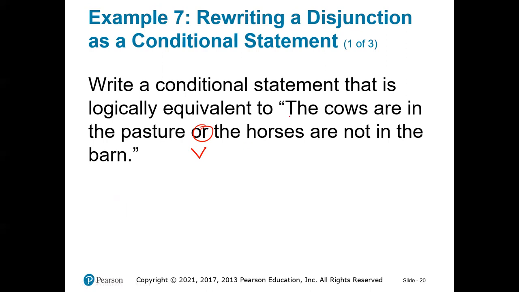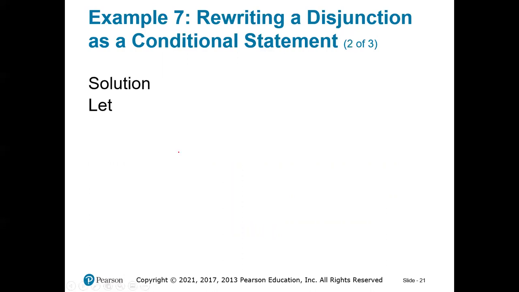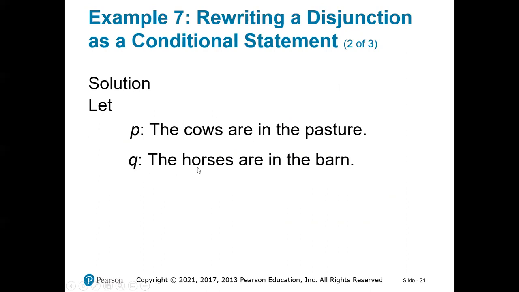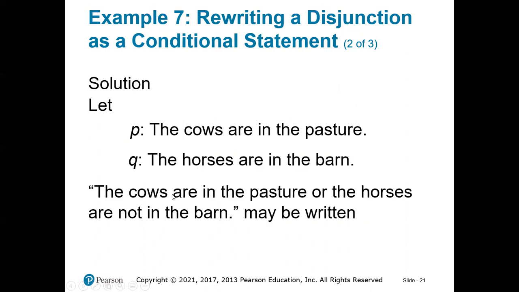The cows are in the pasture, that's the first statement. The horses are in the barn, that's the second one. Let P be the cows are in the pasture, and Q the horses are in the barn. So the cows are in the pasture, that's P, or the horses are not, negation, not Q. This is the symbolic representation of this compound statement. It will be written as P or the negation of Q.